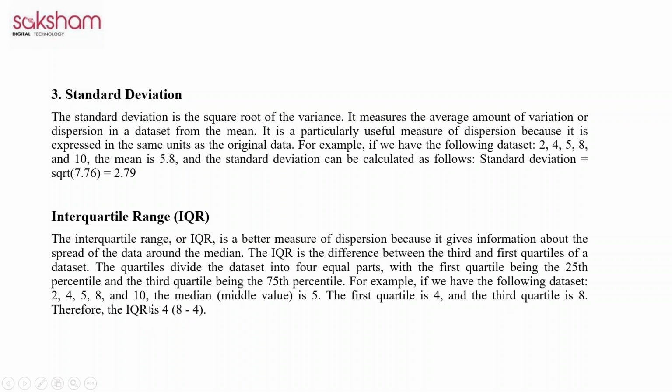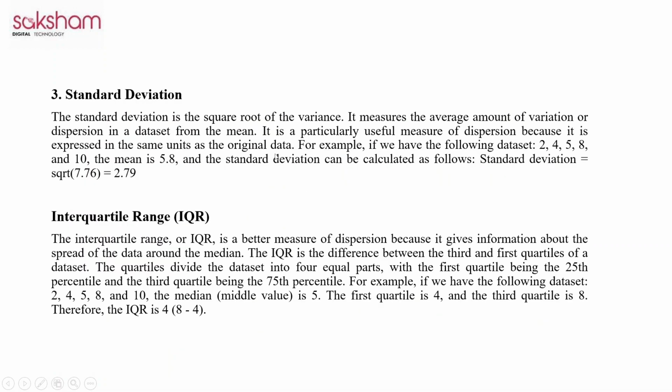Therefore the IQR is 8 minus 4, which is 4. So where does 8 come from? It is the third quartile minus the first quartile. You can see this is the formula, as we are writing here.